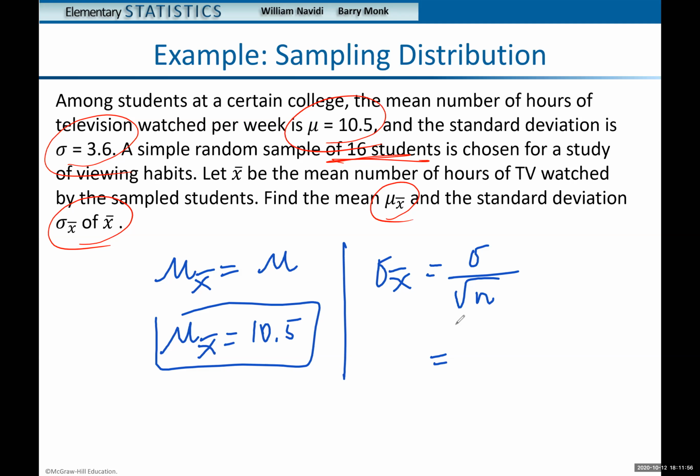And the standard deviation given is 3.6 over the square root of n, where n is the sample size, that is 16. So compute this. 3.6 over the square root of 16, which is 4. What is 3.6 divided by 4?